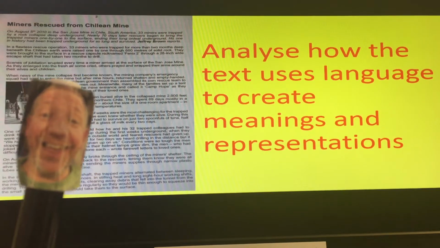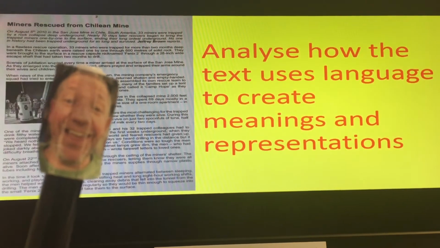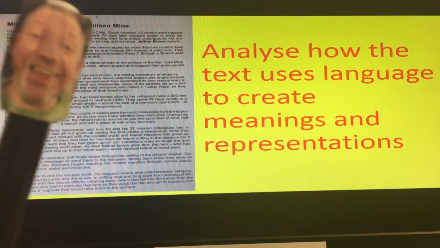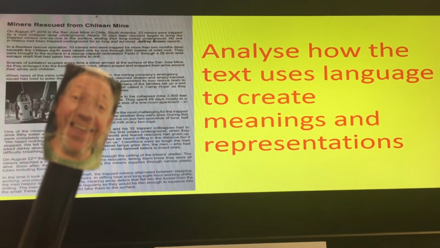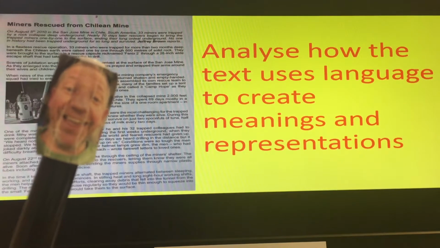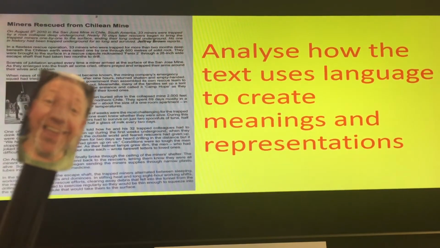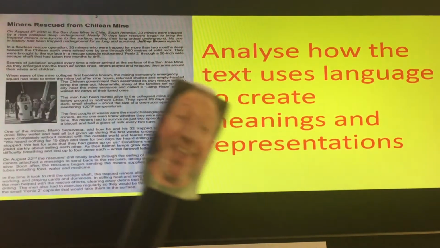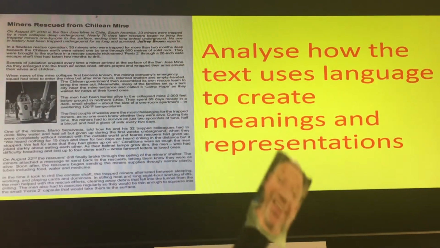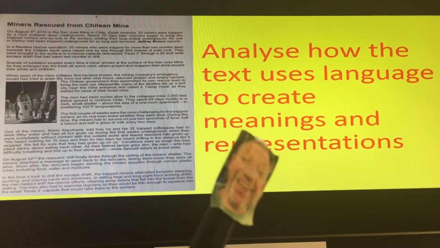Right then everybody, here's our first tutorial, and what I'm trying to get through to you is to have a method when it comes to handling a question like this. Now, as we've already said in the classroom, this question is unhelpful.